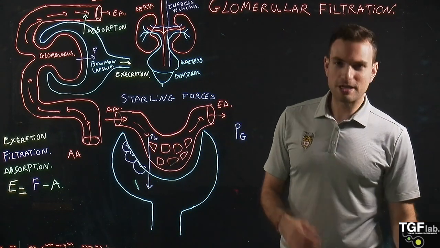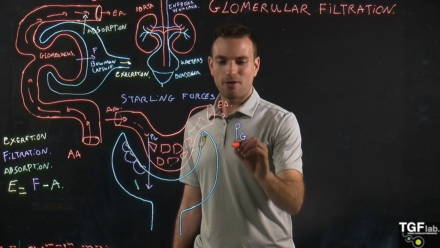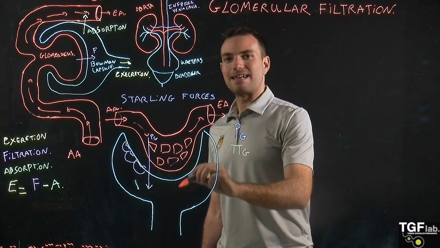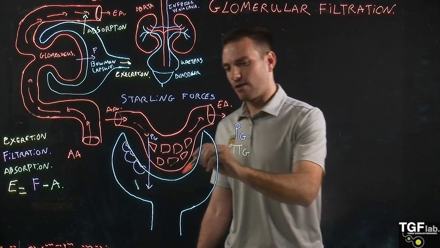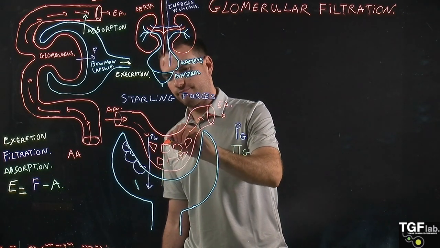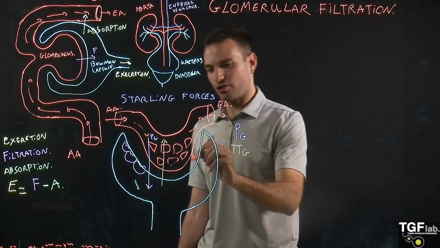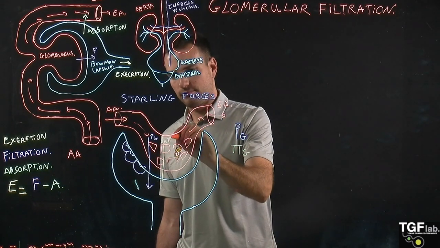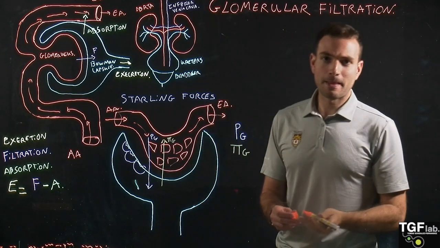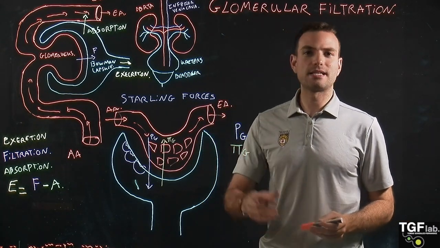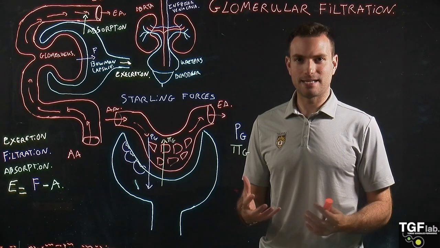The second force that we have is the colloidosmotic pressure of the glomerulus, and this is going to be a force for absorption. So it's going against filtration. The colloidosmotic force is due to the protein content.